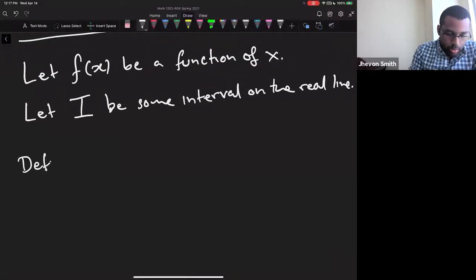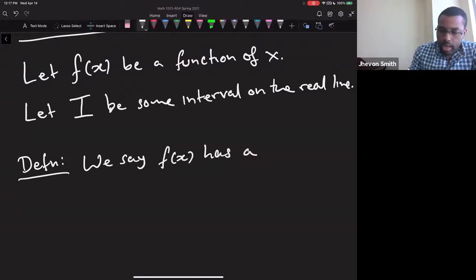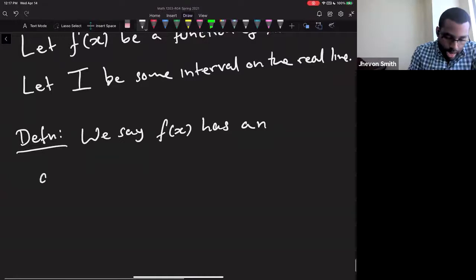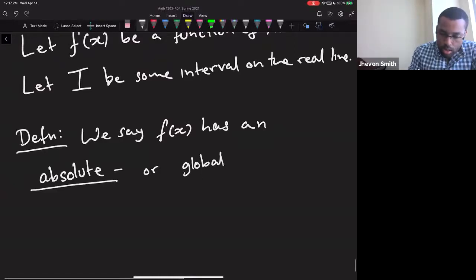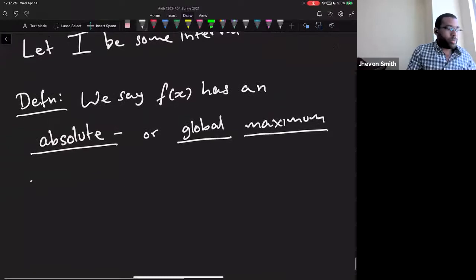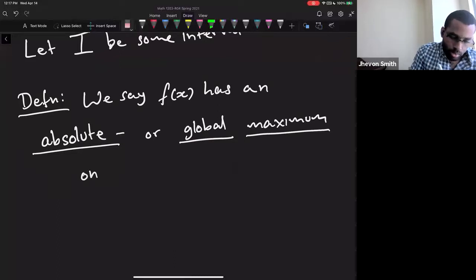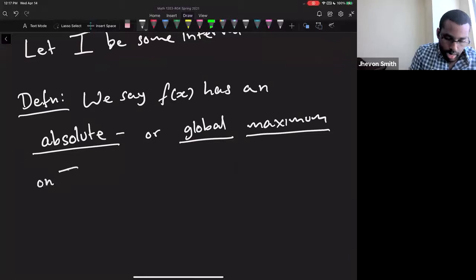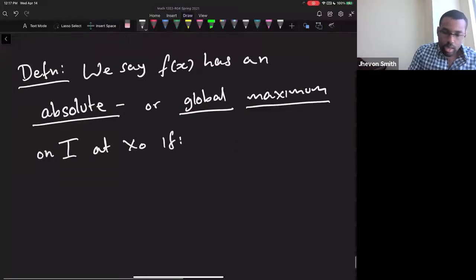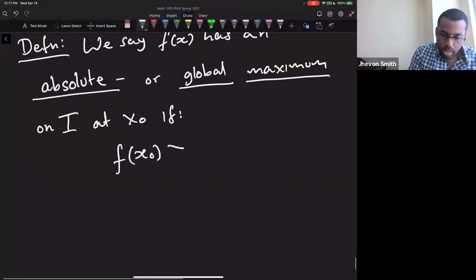So now let's look at some definitions. We say f of x has an absolute or global maximum at x naught on I, if f evaluated at that point gives you a larger output than all other things on that interval.